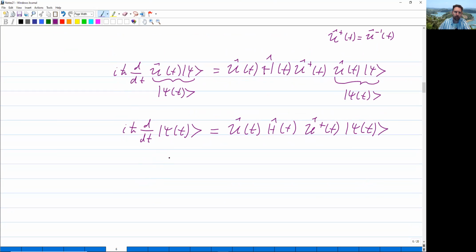We don't want that. So what we do is we give this thing a new name. We call this h hat s of t. And it is called the Schrödinger Hamiltonian.